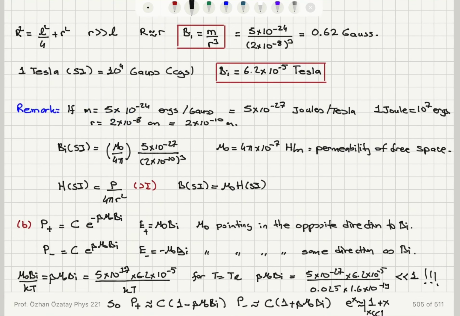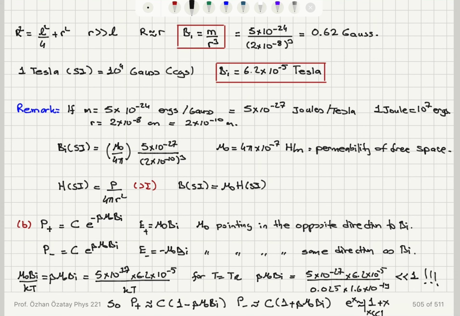So that gives me, with the approximation that r is much greater than the distance between the poles, m divided by r cube. This is in CGS, and if you calculate this, you obtain 0.62 Gauss, and 1 Tesla is 10 to 4 Gauss, so it's 6.2 10 to minus 5 Tesla.